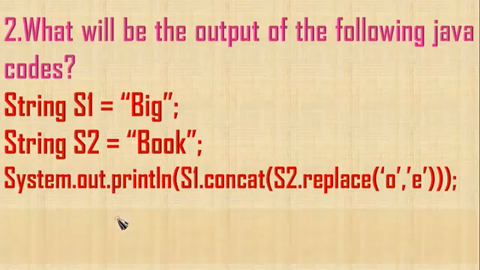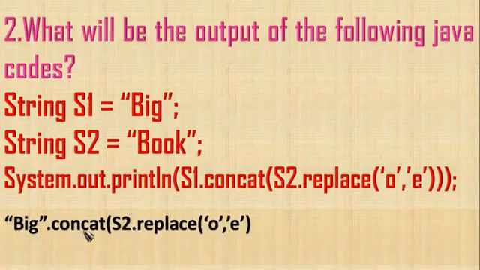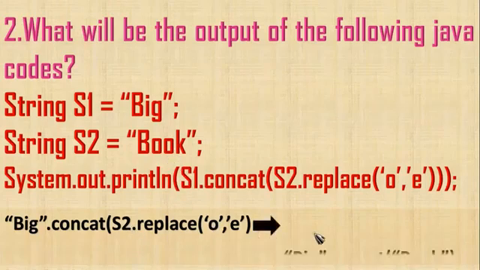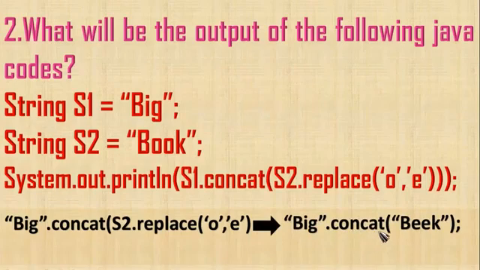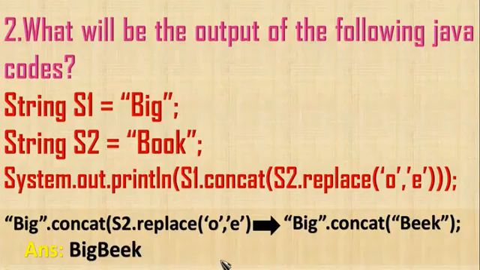So s1 is big, so it will be big dot concat of s2 dot replace of o to e. Wherever o is there, it will be replaced with e. So it will become big dot concat of beek. Both the o's are replaced with e, and then both are concatenated together. So big beek it will become.